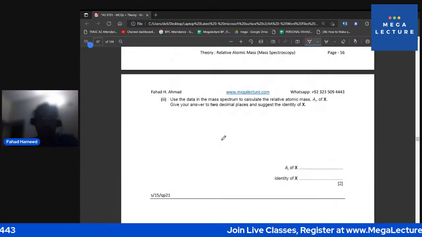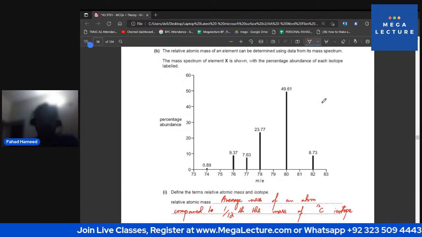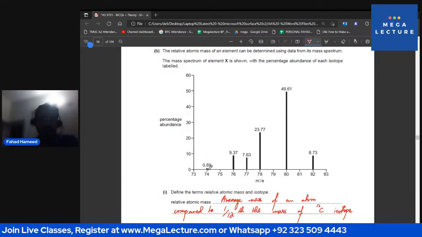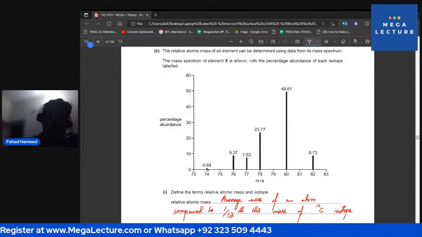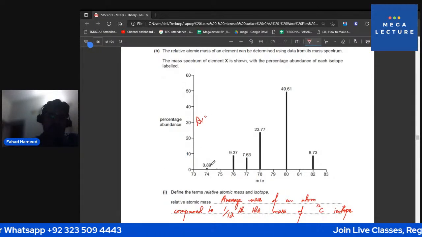Anyway, they're asking you to calculate the AR in this case. So you're going to use the same formula, since X has many different isotopes. How do you calculate AR? AR is percentage multiplied by the isotopic mass.